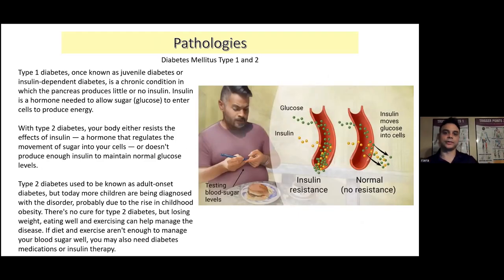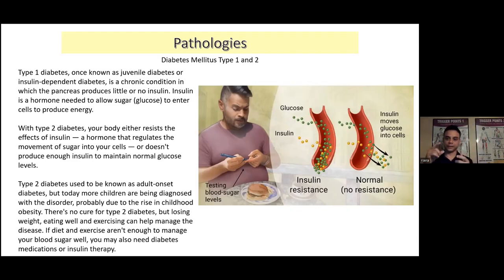So type 1 diabetics can't produce insulin on their own, and therefore they have to take it exogenously. Exogenously means from outside of the body, right? So typically they have to monitor their sugar intake and take insulin when necessary.